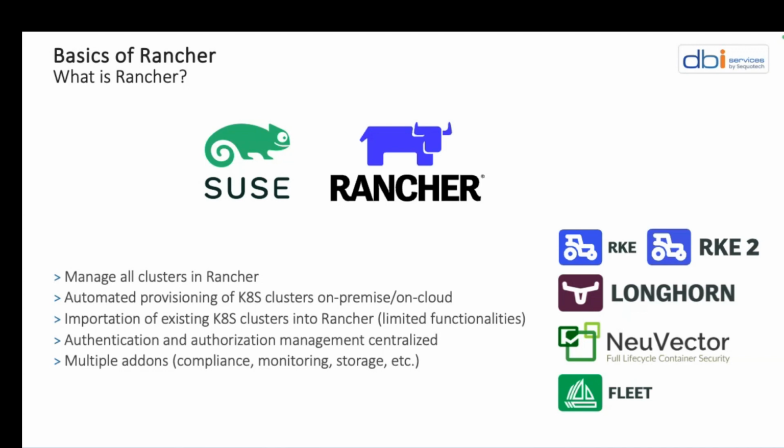It is the centralized management and authentication of your users. So you can add your own Active Directory, and you can manage the roles and permissions of all your users from Rancher for all your Kubernetes clusters.